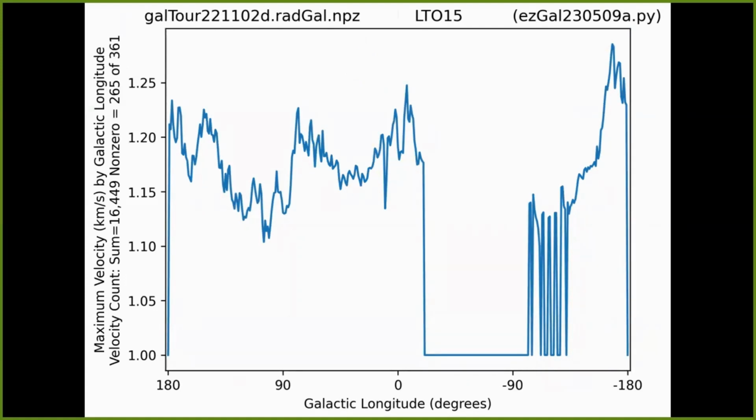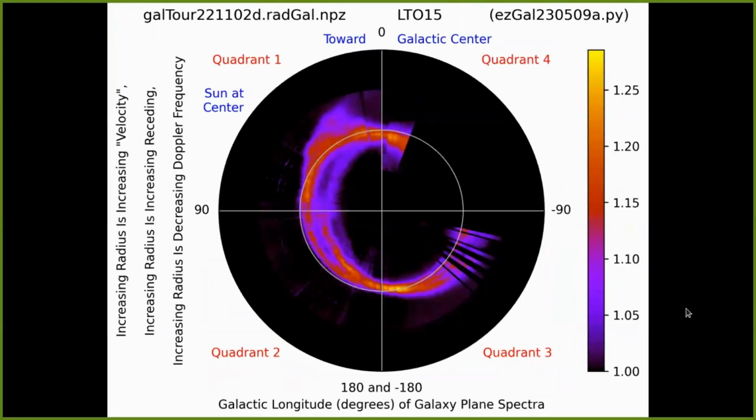We can take that colorful plot we just saw and wrap it around a central point with galactic longitude being the angle used. In this case, increasing radius is increasing positive velocity.